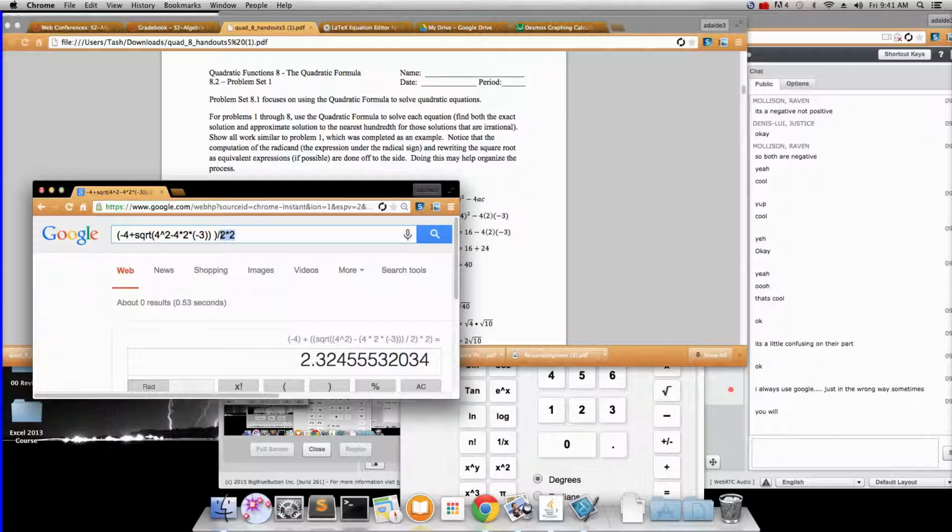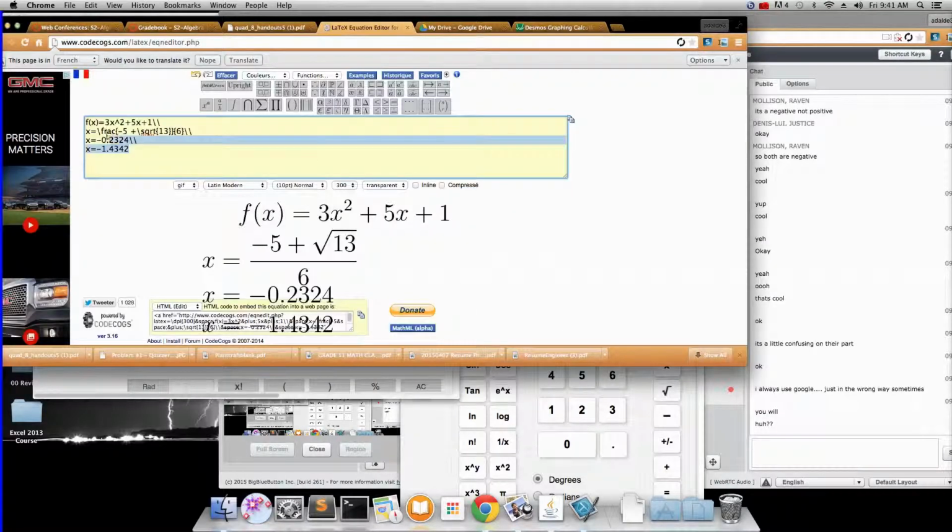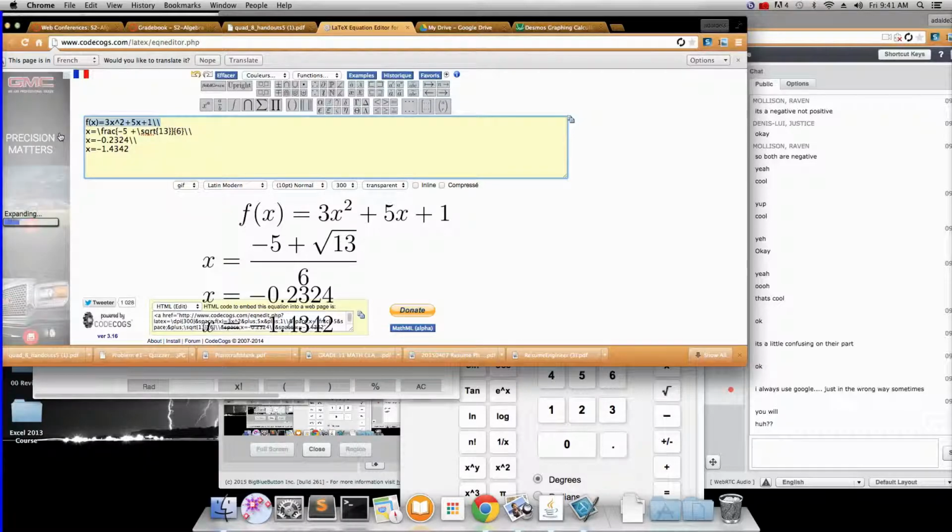And actually, you know what? Your denominator is wrong too. You want to put everything over there in the denominator. It's the same problem we've been running into. Here, let me show you what the mistake we made is. All right.